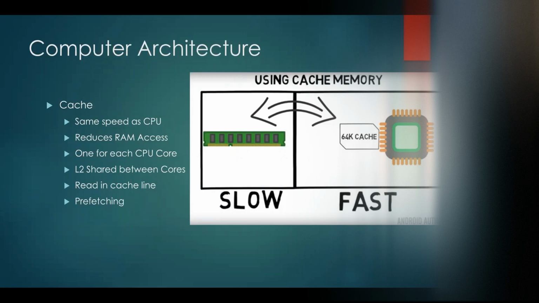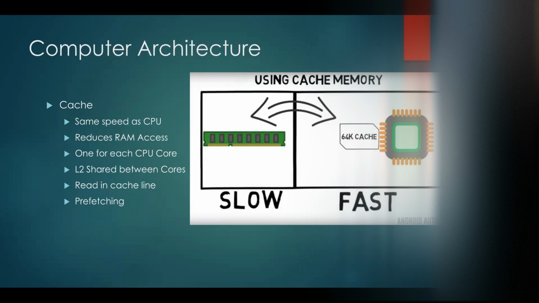Then again, whenever we need to share data between the different cores, say we have a multi-threaded program working on the same data, no core has access to some other core's cache. A level 2 cache was introduced, a second level of caching that is a little bigger, and it's usually shared between all the cores.